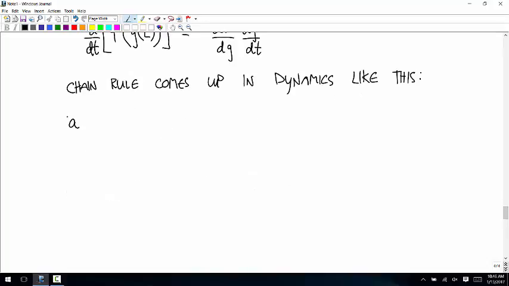We know that the acceleration is equal to the time derivative of the velocity. Right? But what if the velocity is given as like v of x, and this is a vector.